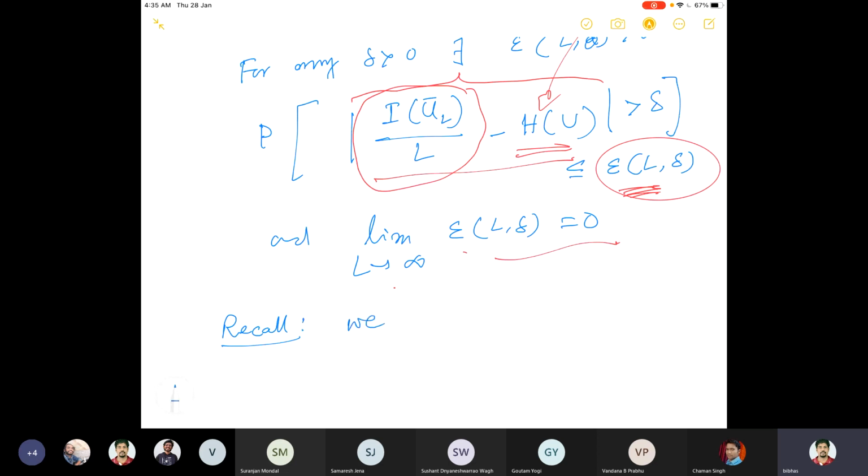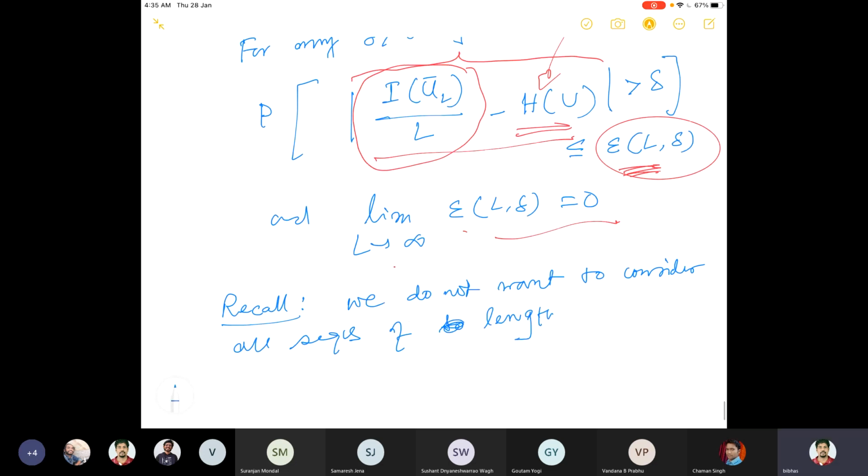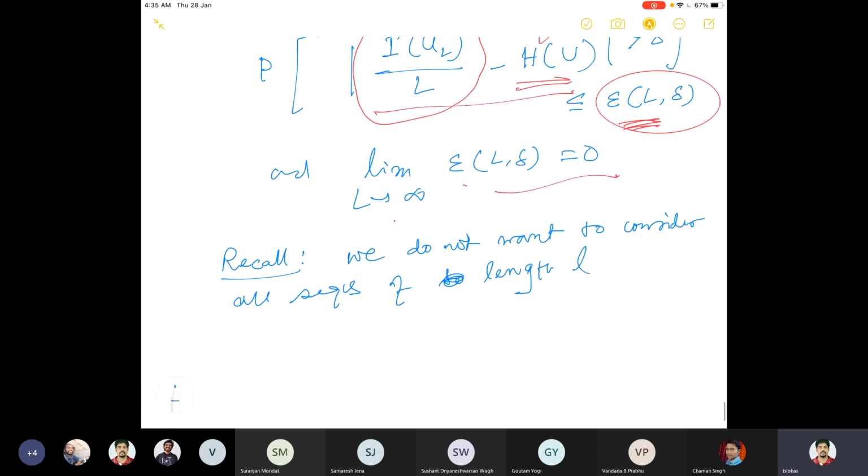So we do not want to consider all sequences of source letters of length L, and these are the sequences of length L of source letters.